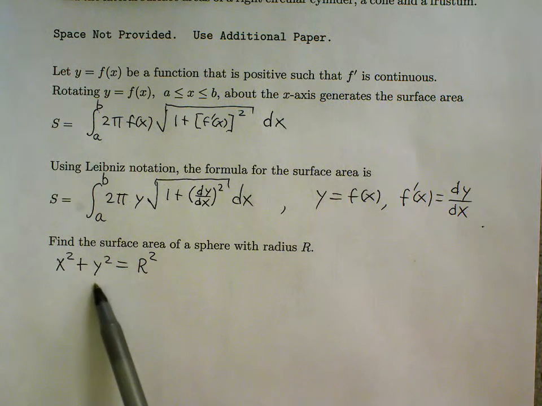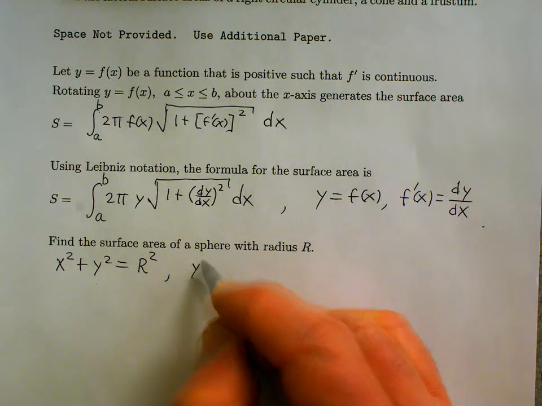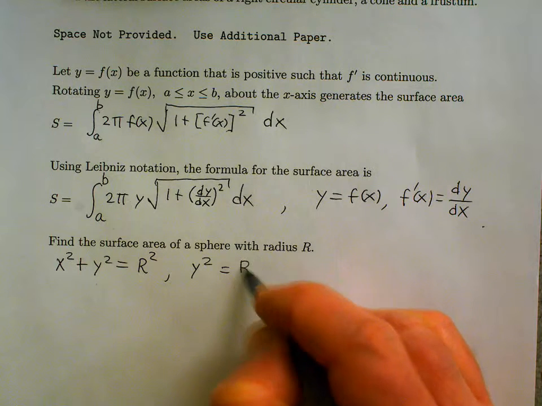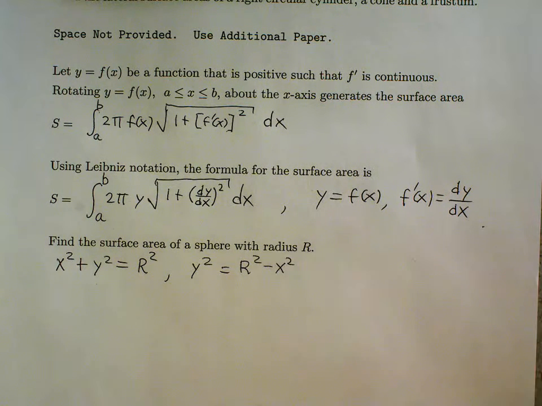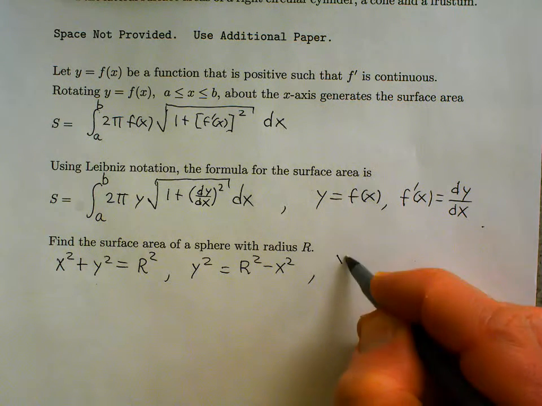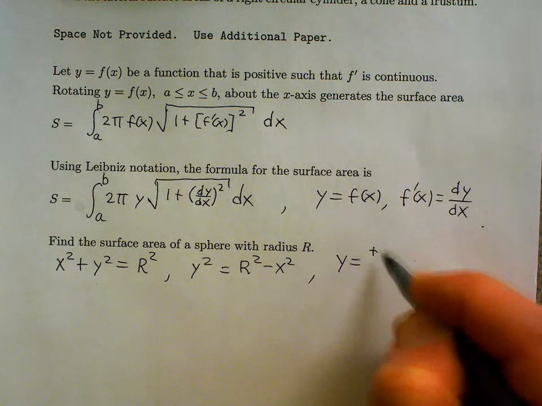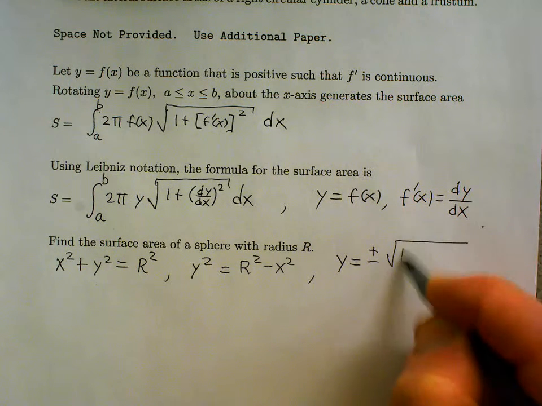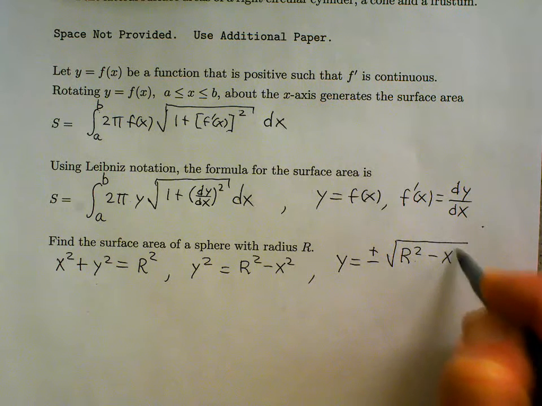If we solve this equation for y, so y squared equals capital R squared minus x squared, there are two solutions. Y equals positive and negative square root of R squared minus x squared.